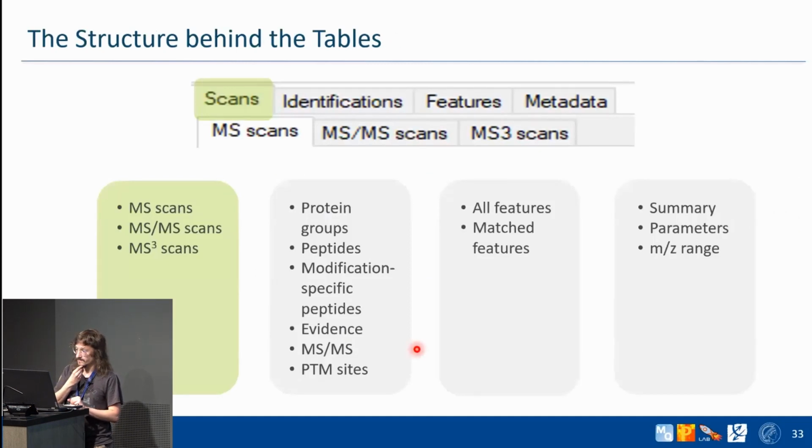Okay, now let's go quickly into scans. As I said, this information about MS1 and MS2 is summarized in evidences, in msms, in identification. But here you can dig more into the shapes of curves and everything. They're not just numbers.